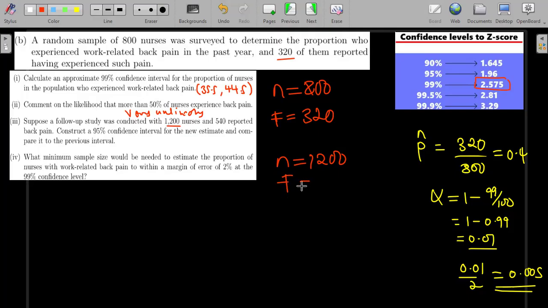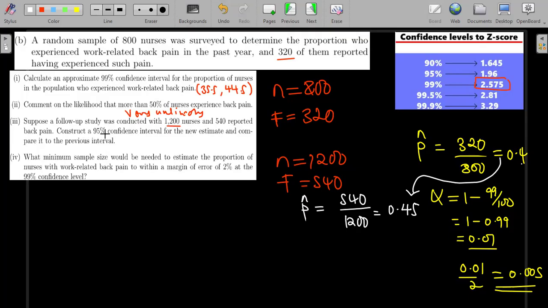So my f is now 540. So it means my proportion is going to shift to be 540 over 1,200. This is going to give me 0.45. So you can see that from the 0.4, it has increased to 0.45, because the sample has increased there.